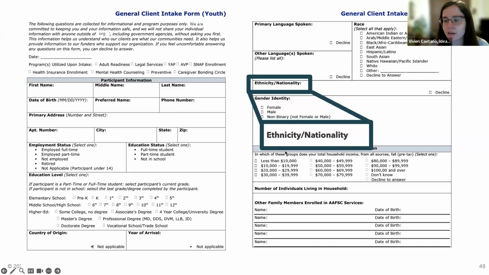They have a broad enough set of clients where what they found was that some clients found the race categories really clear and found that quite easy to fill out and then wouldn't fill out ethnicity. But then other people, race and ethnicity was not a concept to them. They would just put in their country.